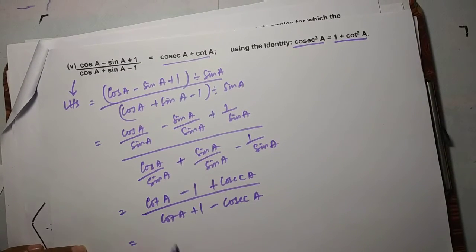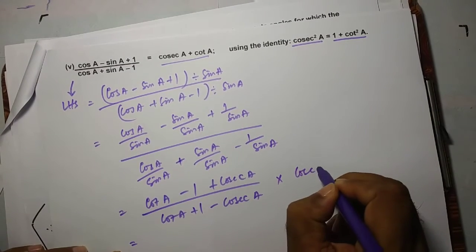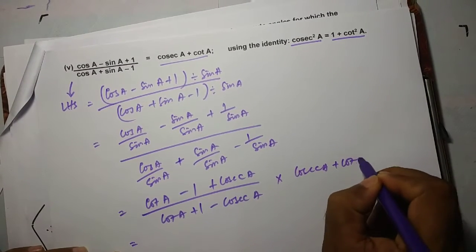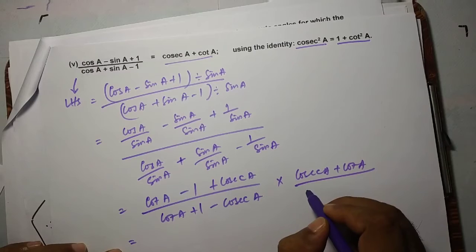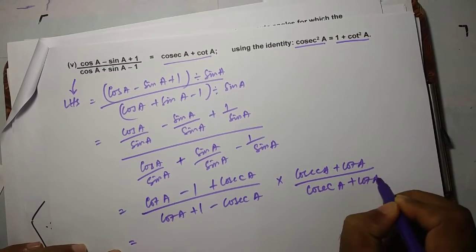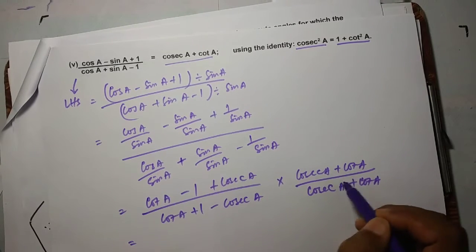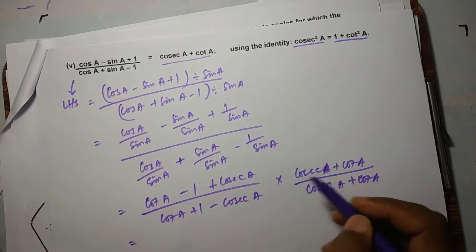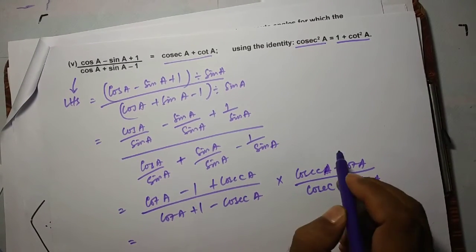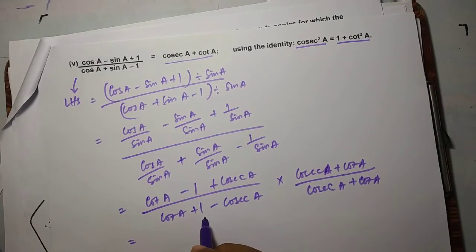So what I will do is multiply it with cosec A plus cot A, and the denominator also gets multiplied with the same cosec A plus cot A. Numerator and denominator multiplied with the same quantity, so it cancels out, it is the 1. So you can multiply the denominator as well as the numerator with the same quantity, right?